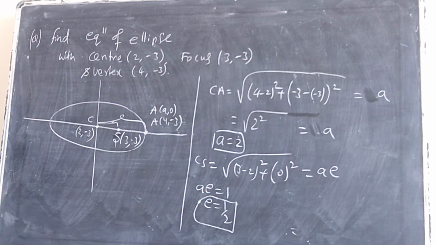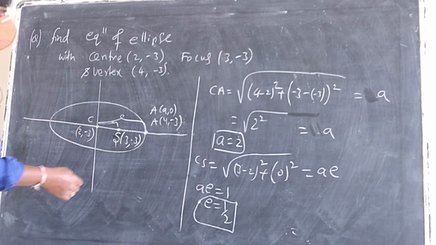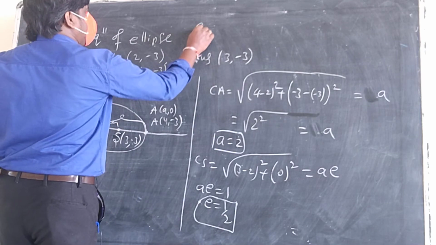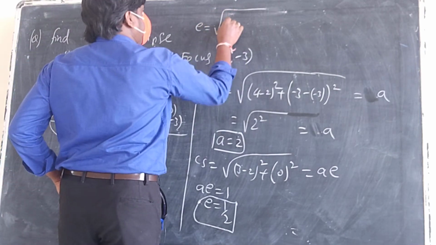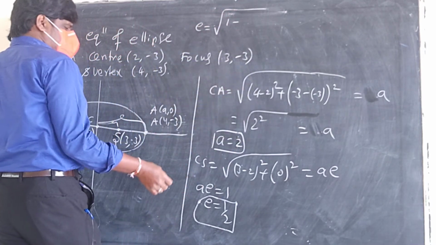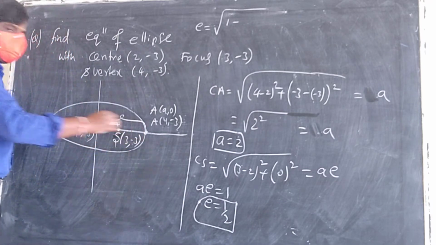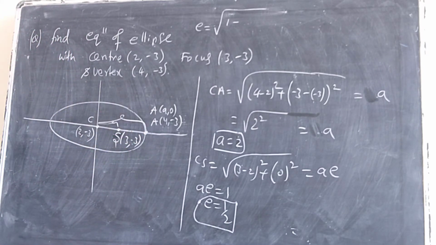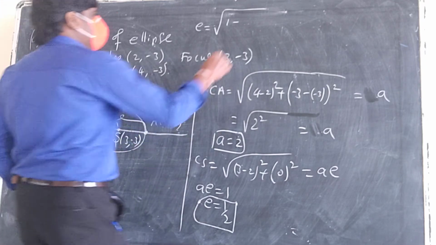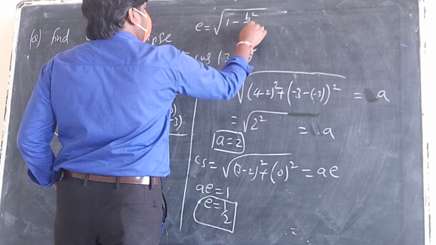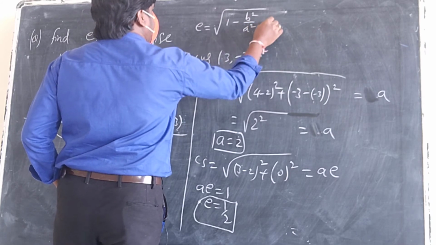A is 2. If I want to find the equation of the ellipse, what do I need? B value. How will I get the B value? You have the formula now. What is the relation? E is equal to under root of 1 minus B square by A square. This is a horizontal ellipse, right? So A is bigger, B is smaller. You apply this formula.